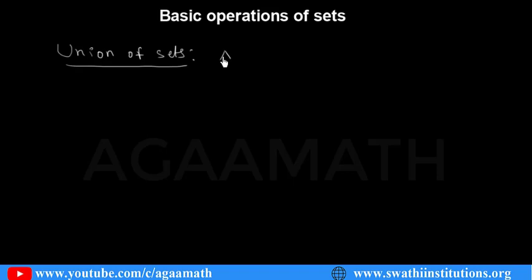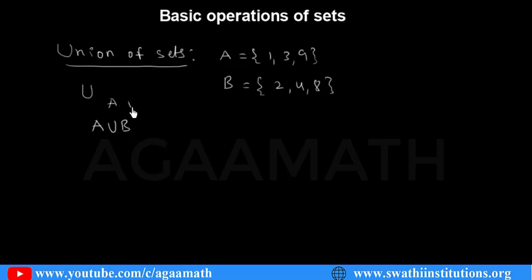Let me take A equals 1, 3, 9 and B equals 2, 4, 8. What is A union B? This is the symbol of union, and it is represented like this: A union B.